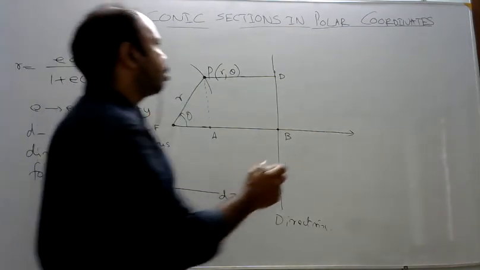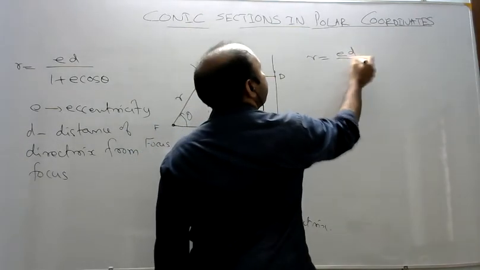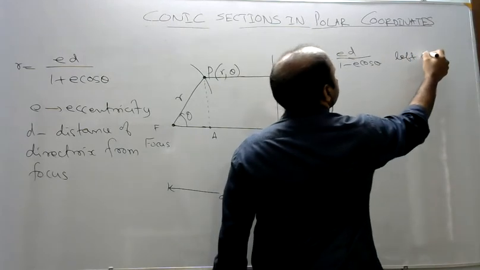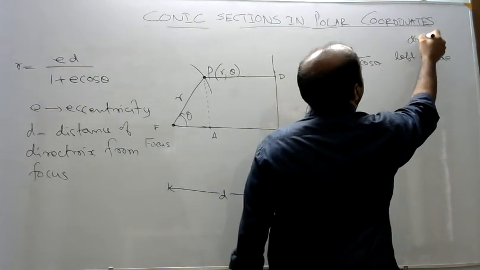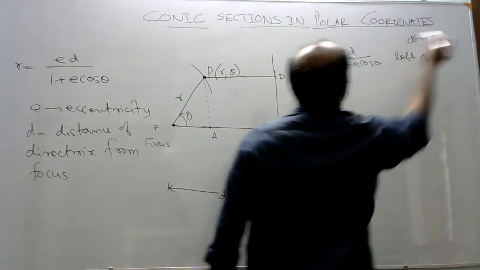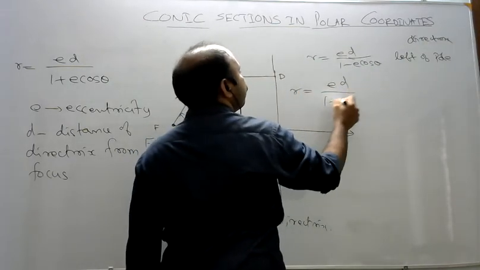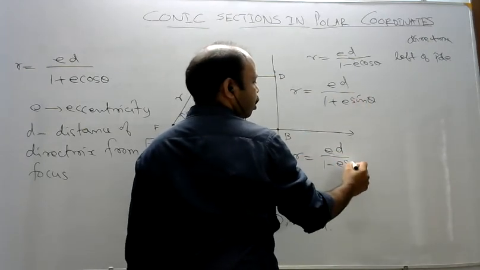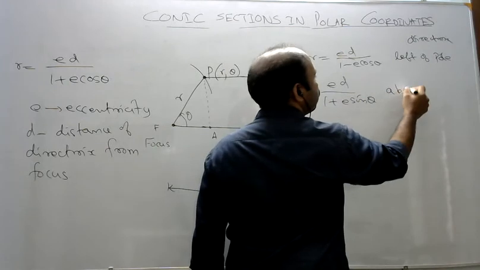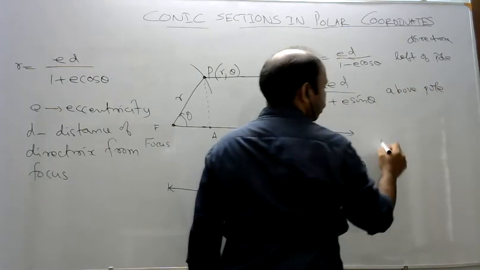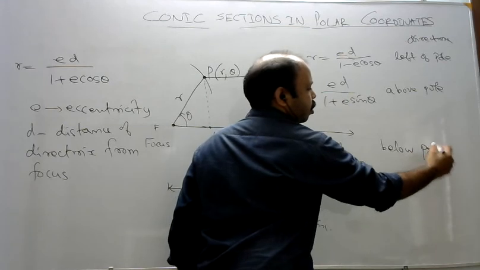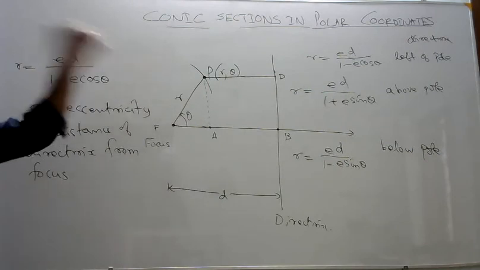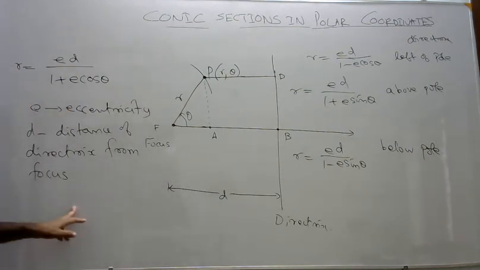The equations will be r equals ed divided by (1 minus e cos theta) where the directrix is left of the pole, r equals ed divided by (1 plus e sin theta) where the directrix is above the pole, and r equals ed divided by (1 minus e sin theta) where the directrix is below the pole. So we have four equations for conics in polar coordinates. Thank you.